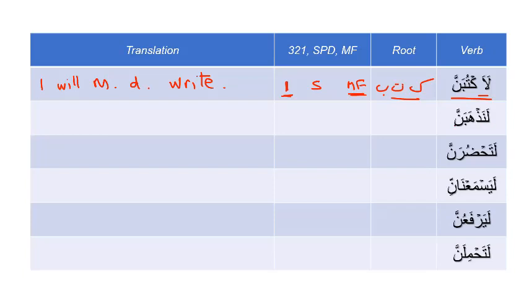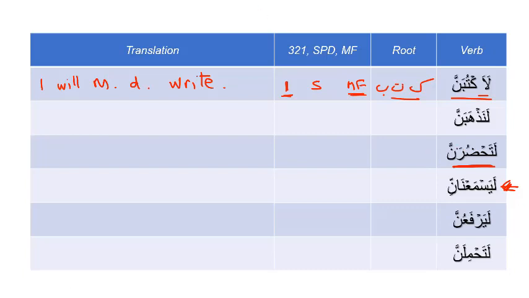La nadhabanna. Actually, let me do this one. Actually, this one is the female plural. Let's do this one. La tahduranna. So what's the root here?